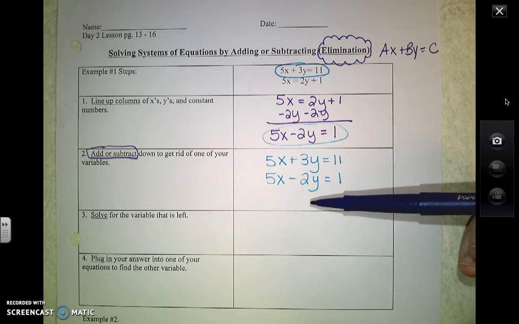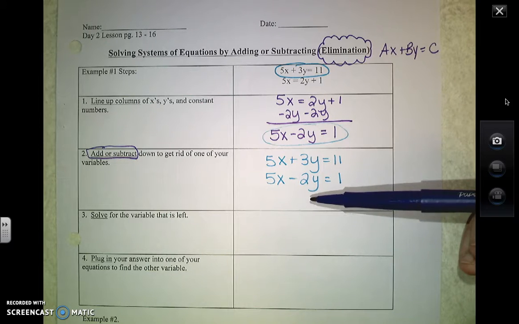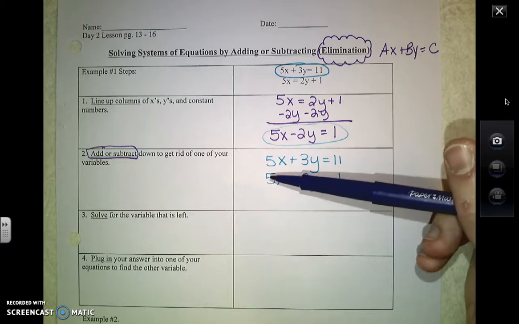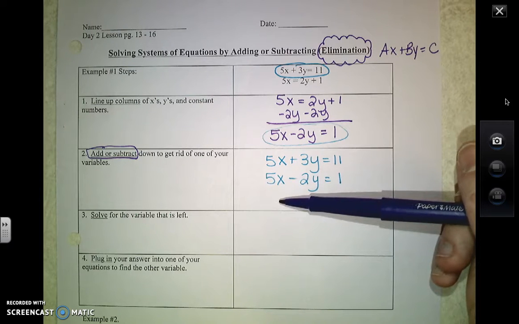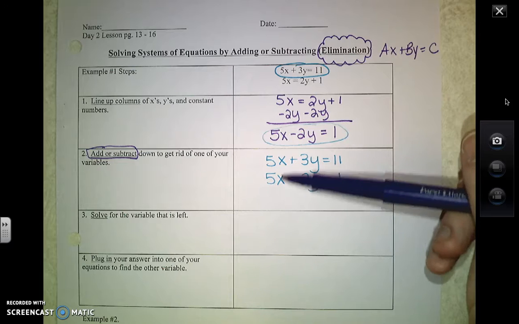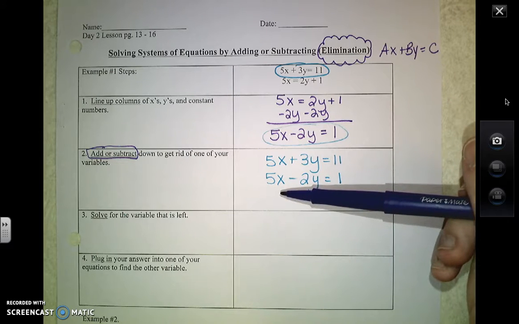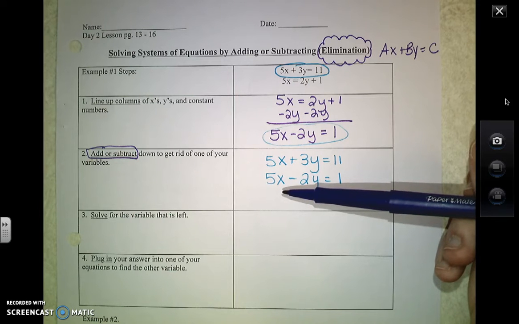So I cannot do addition because I will not cancel a variable. Can I do subtraction? So if I do 5x minus 5x, I get 0x, and 0 times x is 0, and so I have canceled my x variable. So subtraction is going to work here for eliminating x.